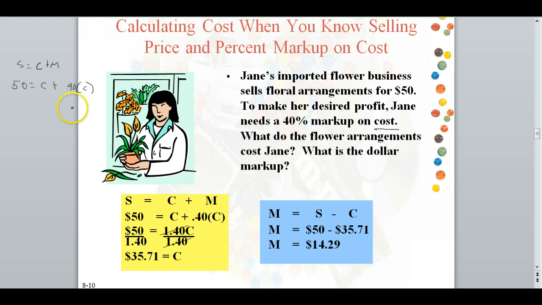So we're still calling that C. So let's work this out a little. Oops, sorry, this should be 50 equals C plus 0.4.